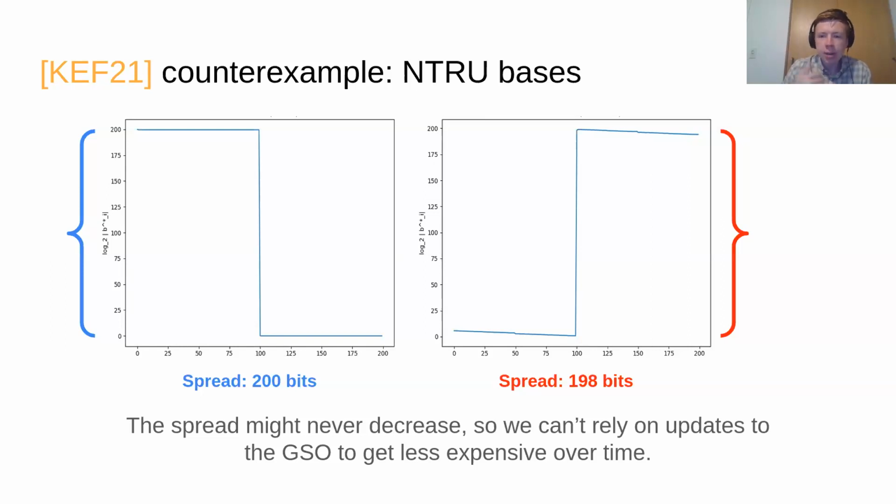The GSO never gets less expensive to compute, so we no longer have this convergent exponential sum that gives us this nice asymptotic running time. So the running time is actually significantly higher for counterexamples such as this, and the software that they wrote to perform lattice reduction actually just crashes on this input and computes this incorrectly.